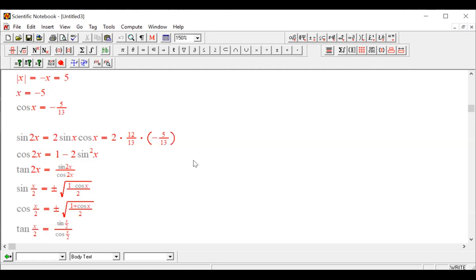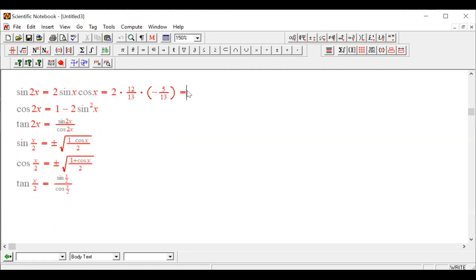Am I right? Yeah. Numerator times numerator, but here we get a negative number. So 169 under. 5 times 12, that's 60. 60 times 2 is 120. Yes, that's negative.